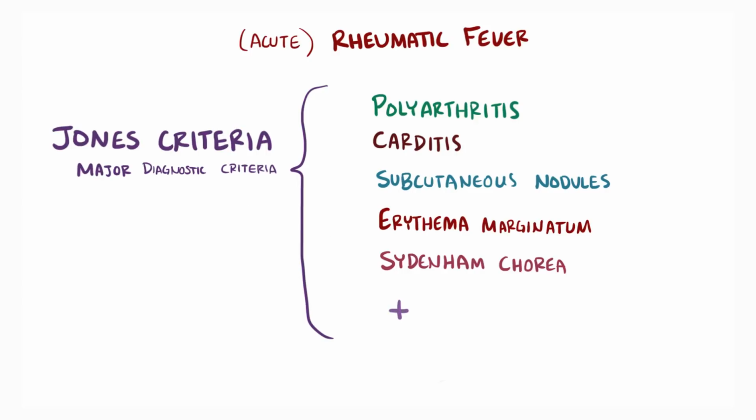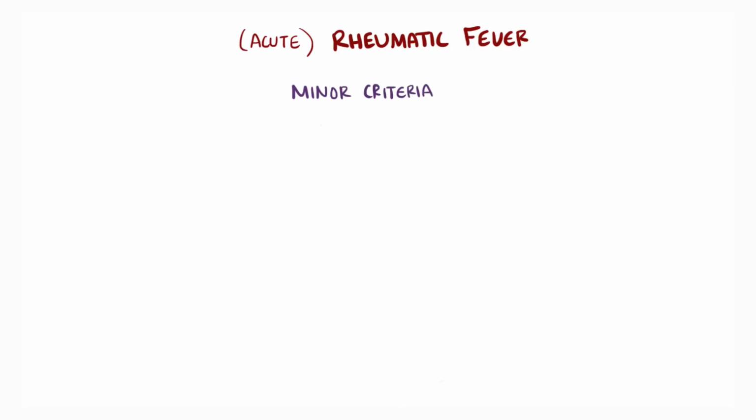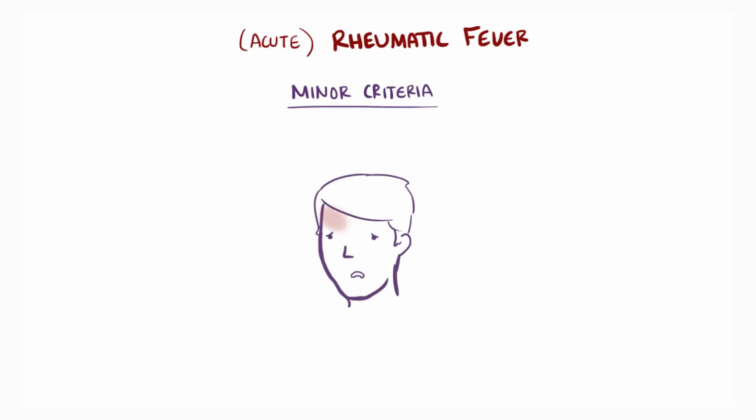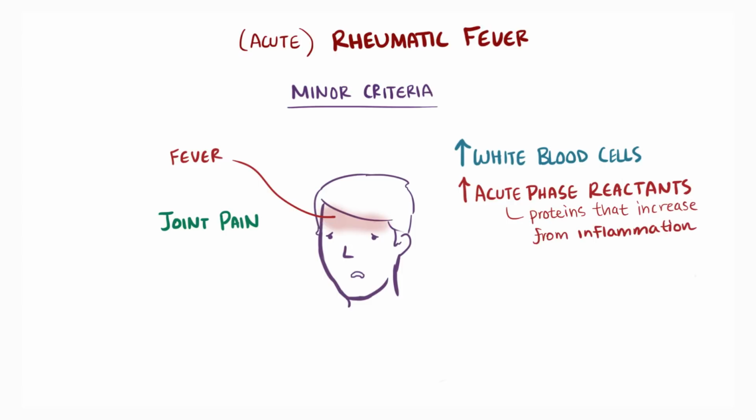The Jones criteria also includes having a blood test that shows evidence of previous streptococcal infection, since these symptoms usually don't show up for 2 to 3 weeks after streptococcal infection. Finally, there are also some minor criteria that can help make a diagnosis, things like fever, joint pain, having more white blood cells in the blood than usual, elevated acute phase reactants, which are proteins that increase in the blood in response to inflammation.